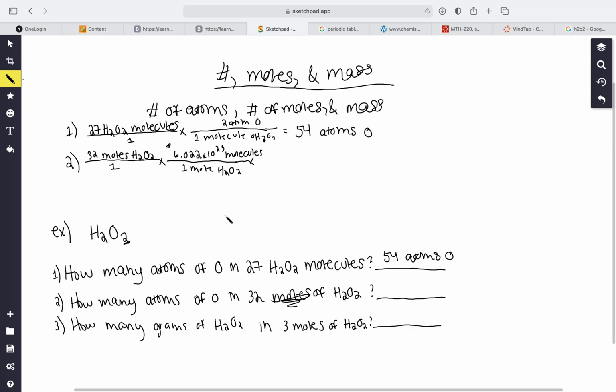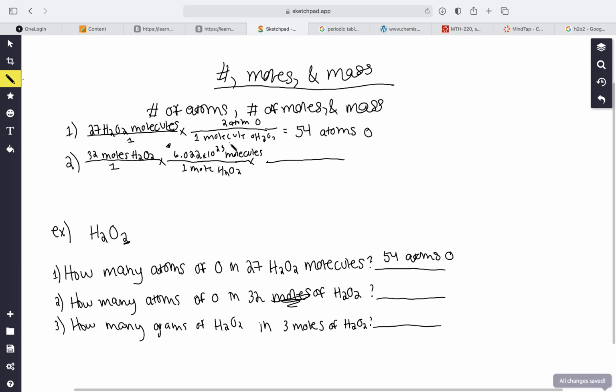So a mole of H2O2 is 6.022 times 10 to the 23rd molecules of H2O2. And they found that number. Avogadro must be a crazy man. I think Professor Sherlock talked about this, but basically it was how many molecules they needed in order to weigh it on a scale properly, and he found that it was 6.022 times 10 to the 23rd. Chemistry is one of those weird things that as soon as they discovered some way to do it, they just stuck with it. They're like, if it ain't broke, don't fix it. There's some old stuff in there that maybe they could fix up, but they just choose not to.